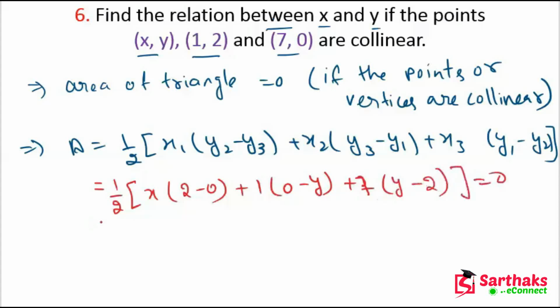This is equal to 0, and this 1 upon 2 will become 0 when we shift it to the RHS. So we have 2x minus y plus 7y minus 14 is equal to 0.